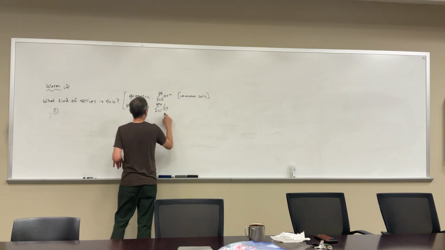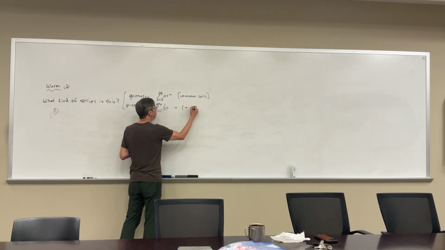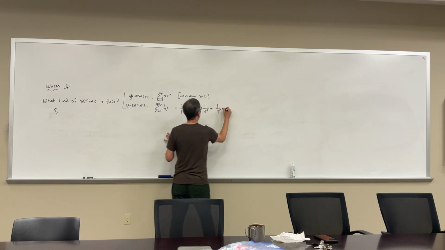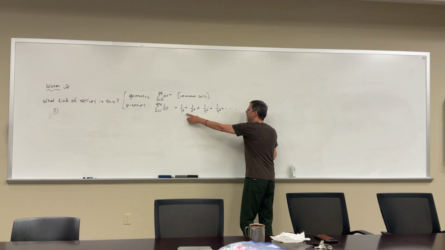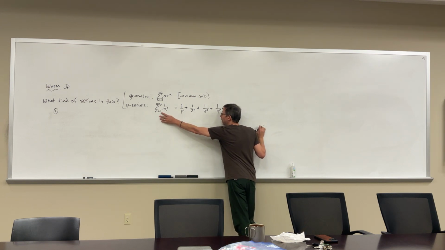So p-series, again, this is a series that looks like, so this is 1 over, put that there just to be keeping the rhythm. A series that looks like this. So there's some constant power that the indices are being raised to.